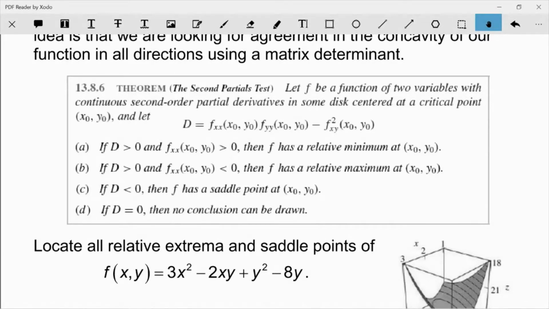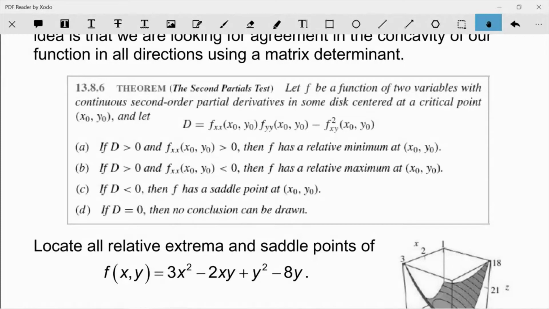Okay, so what we're looking for here is the determinant. That is that 2x2 matrix I was talking about. We're looking for that determinant to be positive because that's going to indicate to us that we've got consistent behavior amongst all of our second partials. So anytime that determinant is positive, we know we've got consistent behavior.